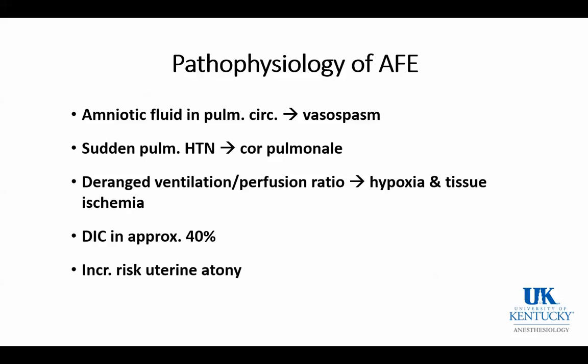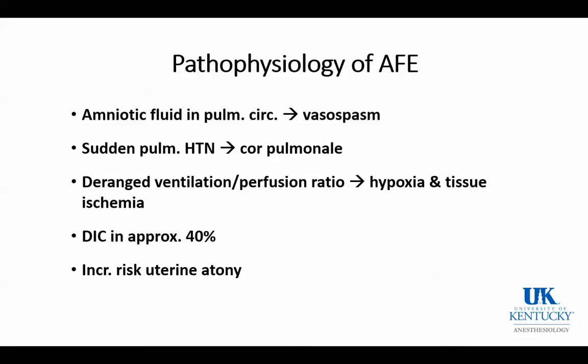So in terms of the pathophysiology, what happens? Now, this is not a mechanical embolism like you think of a pulmonary embolus with a clot. What happens is the amniotic fluid gets into the pulmonary circulation and causes an intense vasospasm. We're not sure why. It seems like probably the women who develop this have something abnormal about their amniotic fluid. So they get that intense vasospasm that causes sudden pulmonary hypertension and cor pulmonale, so right-sided failure, and you'll see that on echo.